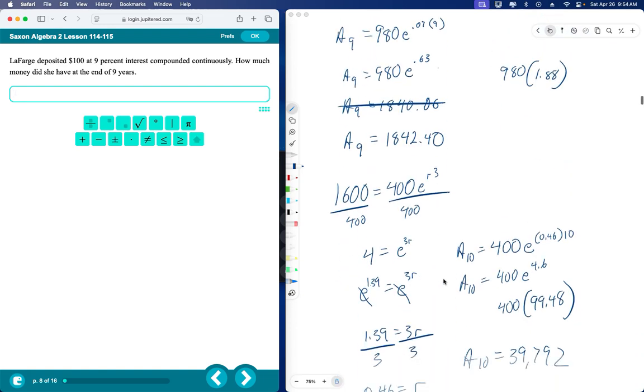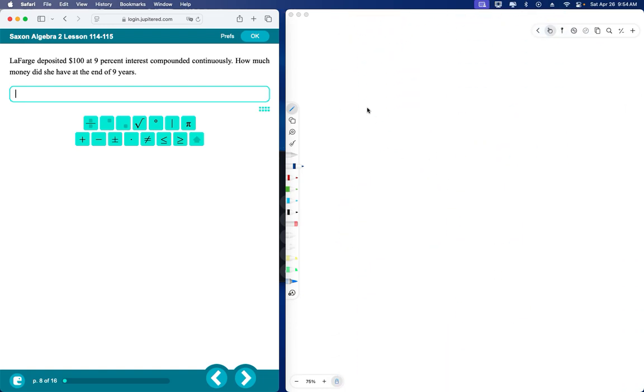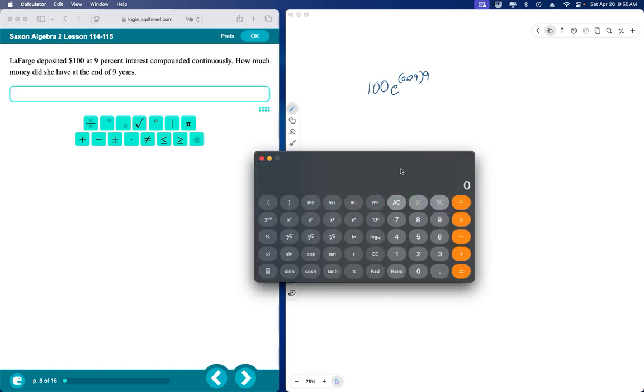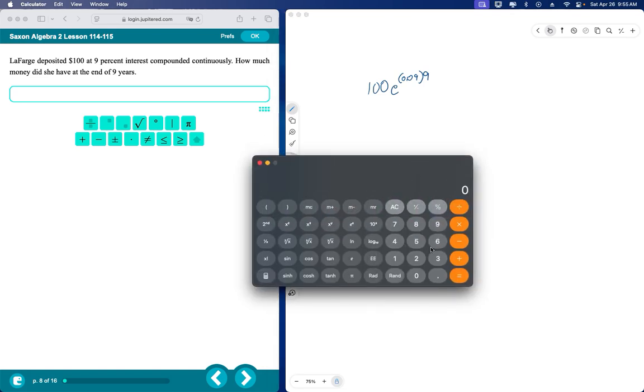All right. Let's go to some clean paper here. Same thing, compounded continuously. $100 compounded continuously at 0.09, 9 years. Same thing, okay, that we've done before. So that's going to be 0.09 times 9 should be 0.81. It is. That's our E right there.